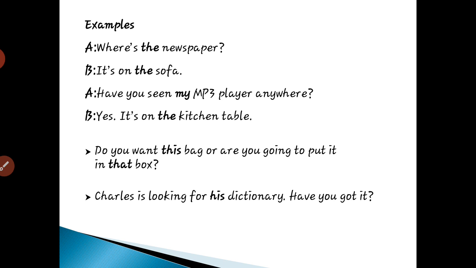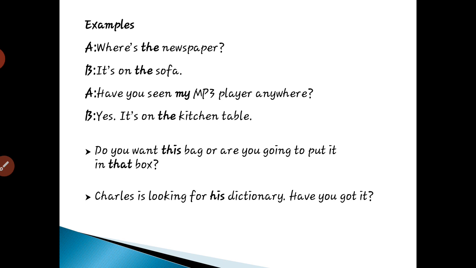It is an article. It's on the sofa. Here also sofa is the noun and the is the determiner. Why? Because we are talking about one specific sofa and we are pointing out that sofa, and by saying that we are using the as our determiner in this sentence.